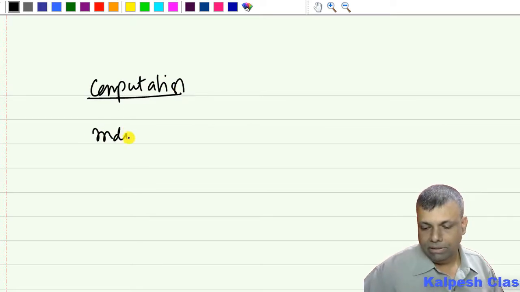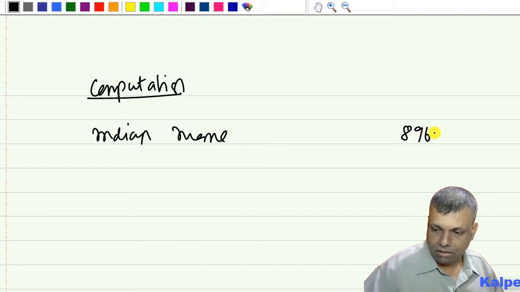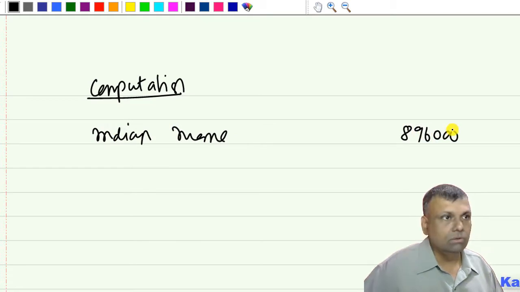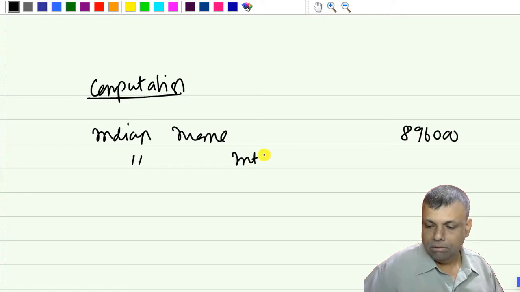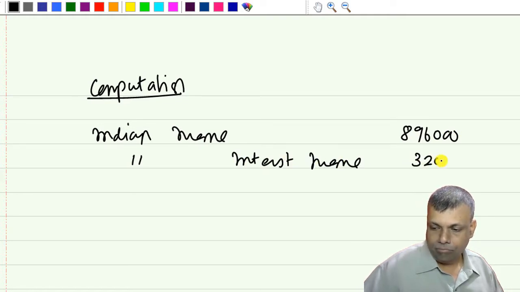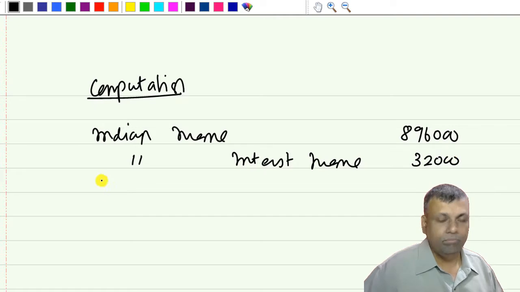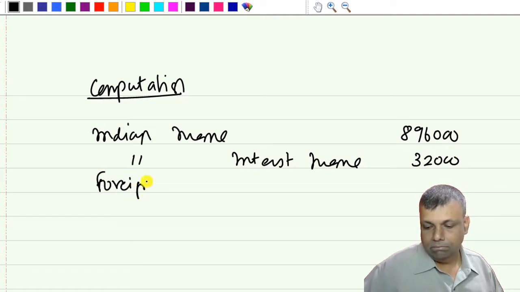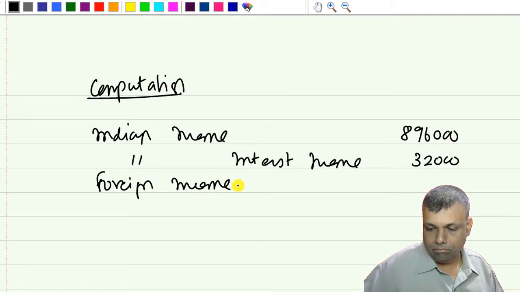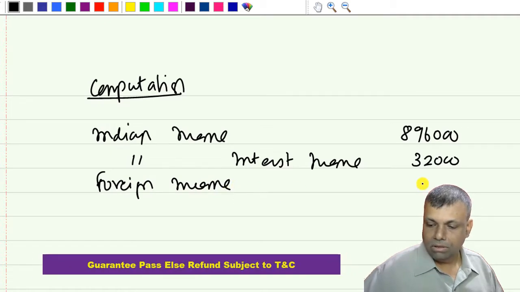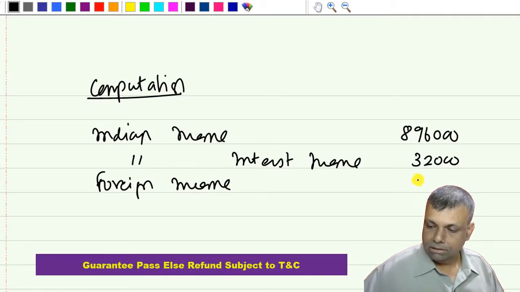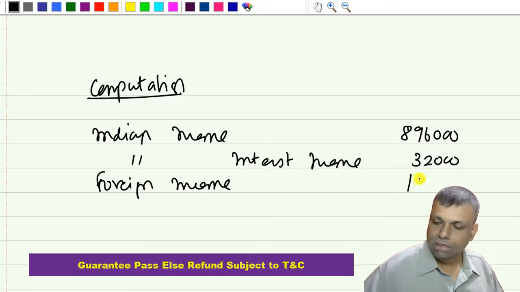Now you have Indian income 8,96,000. You have Indian interest income 32,000. You have foreign income, which is 1,92,000.